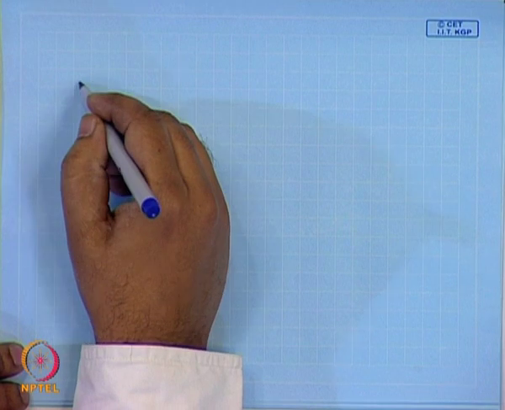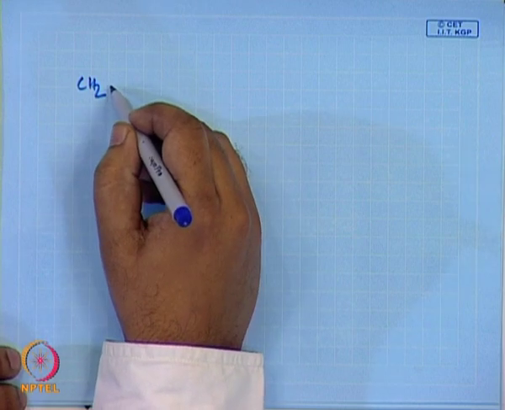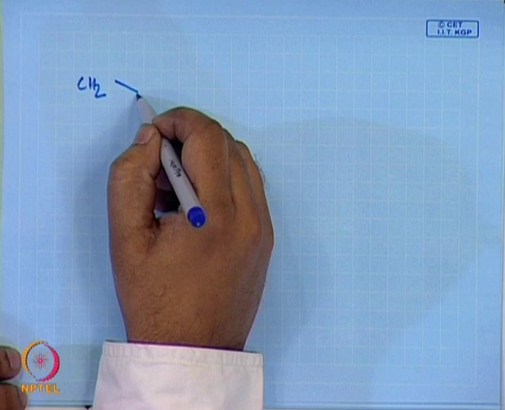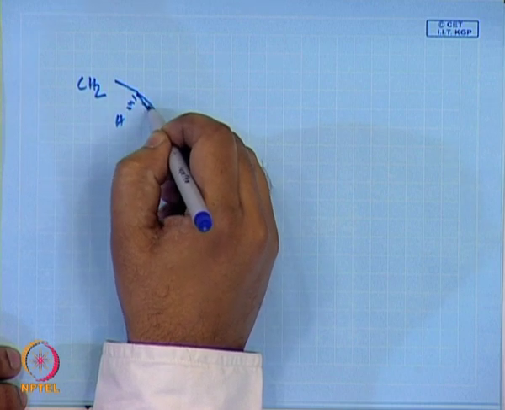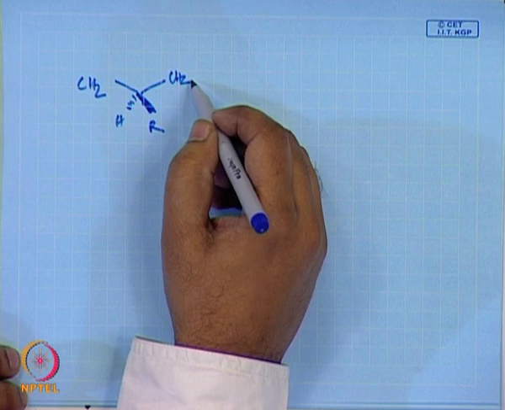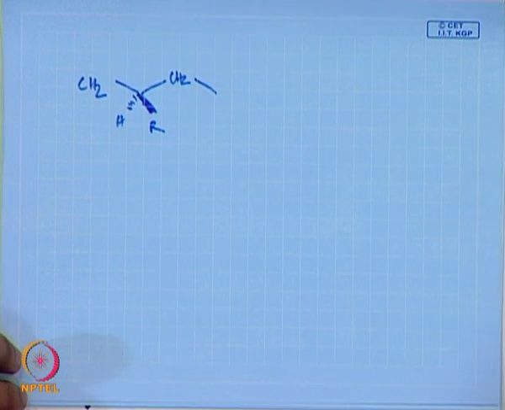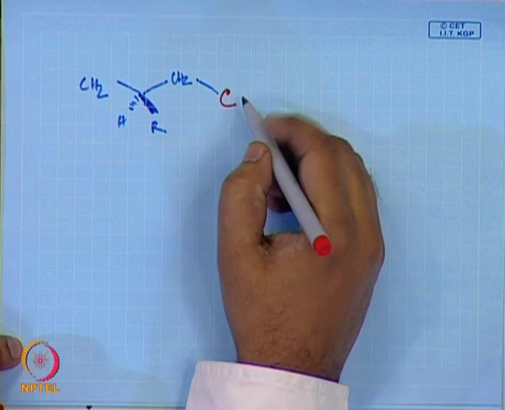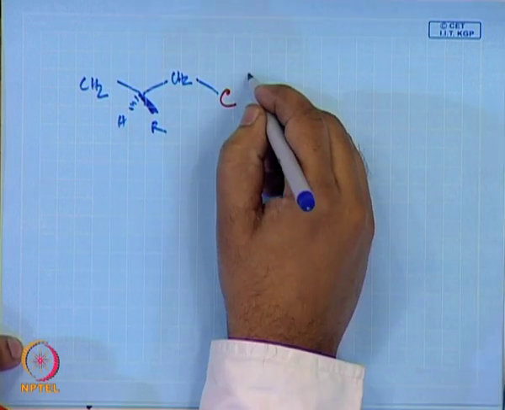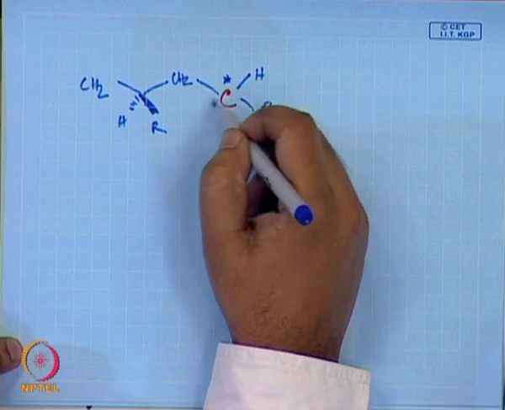For example, if I consider this case, that is the terminal carbon atom which is the active center.